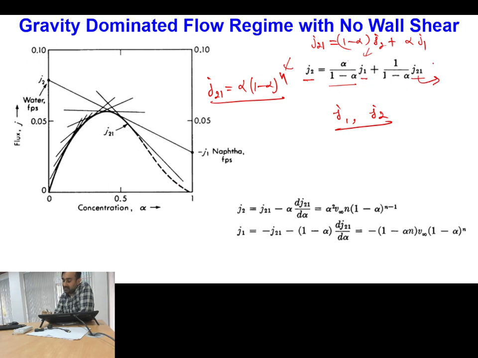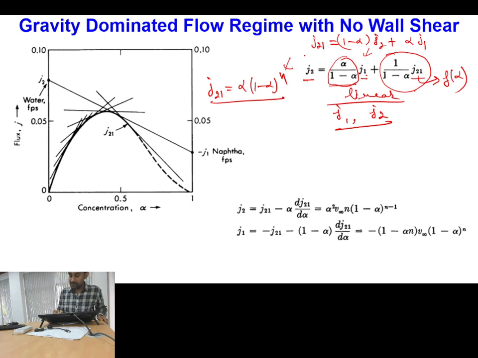And J21 is ultimately a function of alpha only, so this entire last quantity is nothing but some function of alpha. Then I can say that J2 and J1 have a linear relationship. If J2 is y and J1 is x, then alpha by (1 minus alpha) becomes the slope m, and this entire last quantity becomes the intercept. Is this clear?